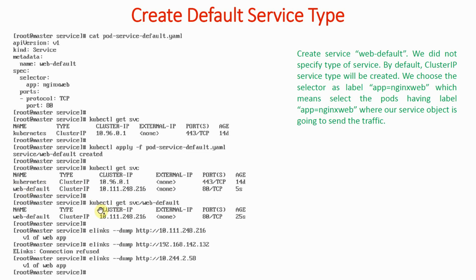You can run the command kubectl get service with the name of the service. Again it is going to show you the same details. Now how can we access the pod? By using this cluster IP, 10.111.248, you can access the pod. Then we run elinks --dump.